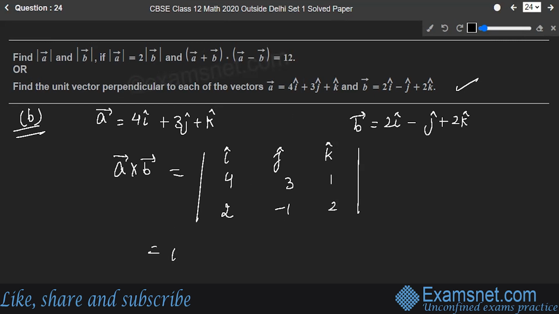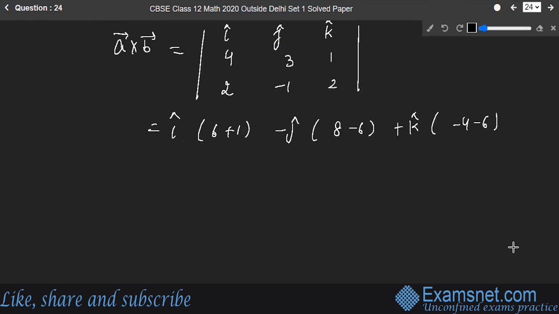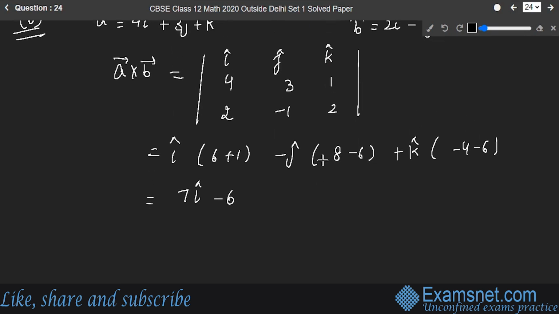That's equal to i (6 plus 1) minus j (8 minus 2), k (minus 4 minus 6). Wait, I have made some error. Here it was supposed to be 2. Okay, so this is 7i minus 6j minus 10k.